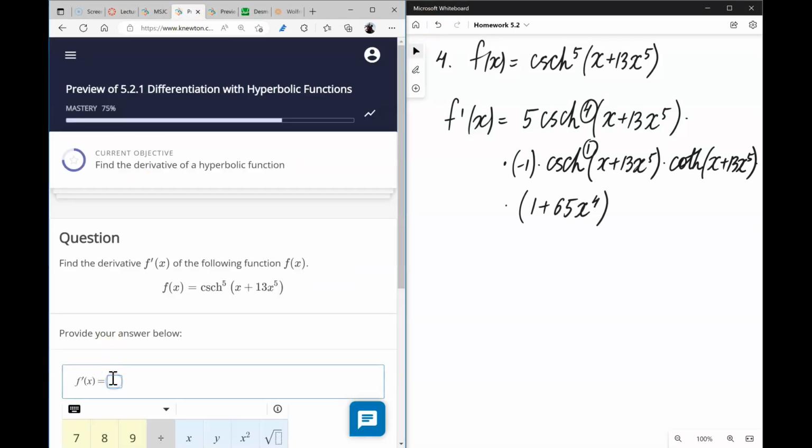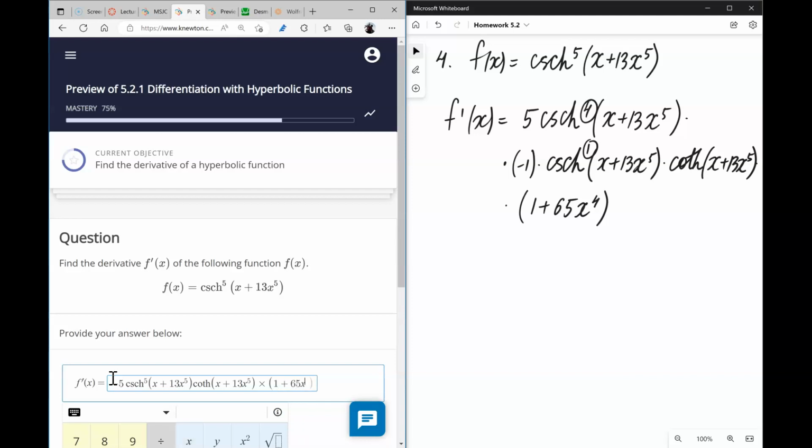So the final answer is negative 5 hyperbolic cosecant raised to the power 5 of x plus 13x to the power 5, times hyperbolic cotangent with the same input, times the derivative of that input, so it's 1 plus 65x to the power 4.